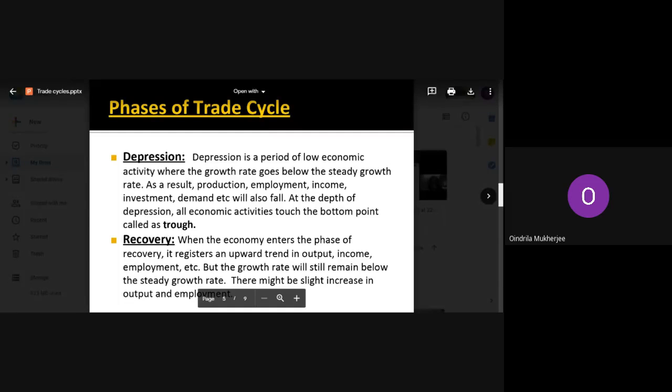Then the second one is called the recovery phase or recovery stage. Now, what is the meaning of recovery, students, according to you? In case of economics, you post your answers on the chat box, please. What do you understand by recovery? We often say that this or that person is now recovering from the disease. For example, anyone who is affected by COVID-19, in our country the recovery rate is high, if you see.